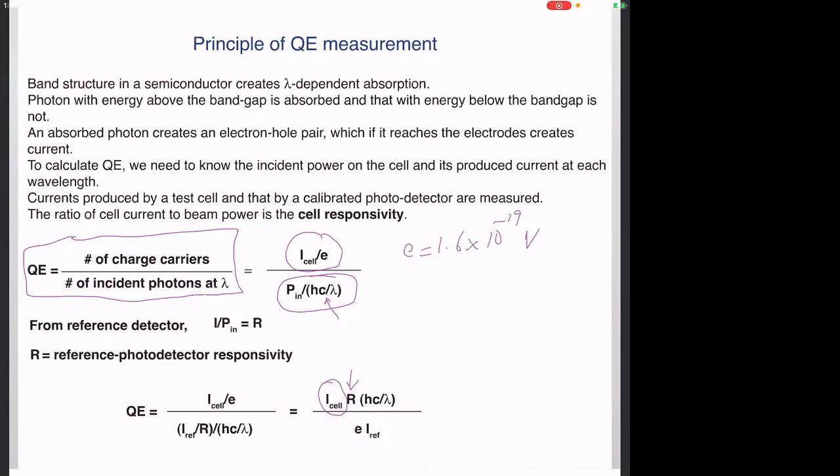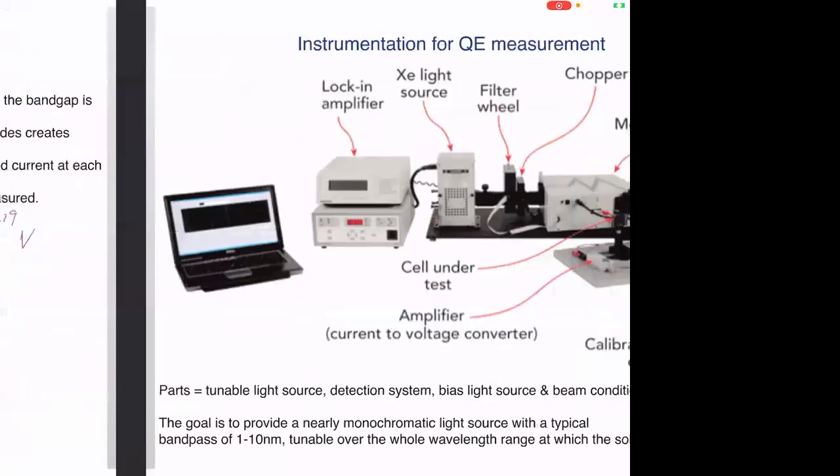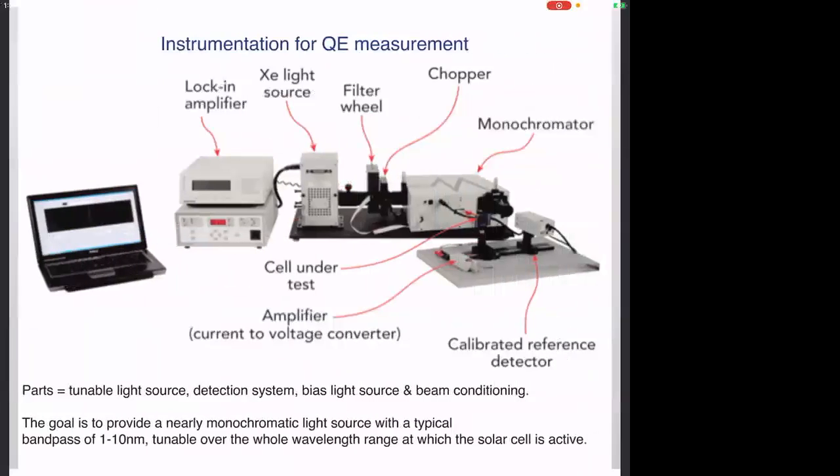Lambda is the wavelength of light you use to illuminate it. And this is a constant, the electronic charge, e. And this last term, the reference, is also given for the certified solar cell.